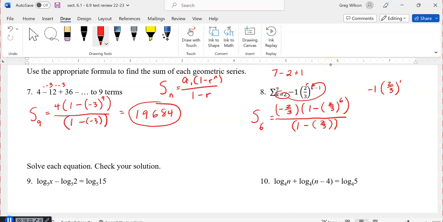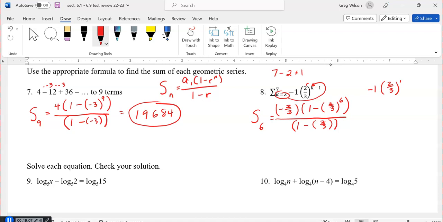So let's go to our calculator and make sure you're able to get this answer. So I would just use parentheses exactly like you see the way I've written it down. Left parentheses, -2 divided by 3, close parentheses, left 1 minus parentheses 2 divided by 3, close parentheses, raised to the 6th power, close parentheses, divided by left parentheses 1 minus, and then I'm going to put 2/3, 2 divided by 3 in parentheses, and then another final parentheses.